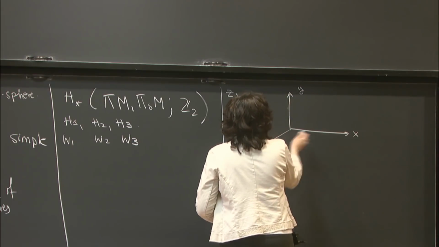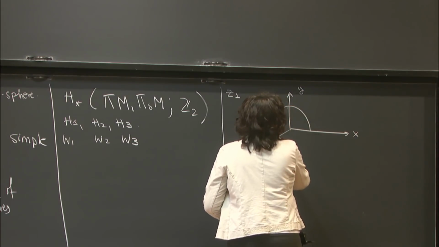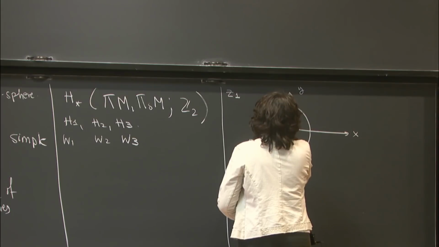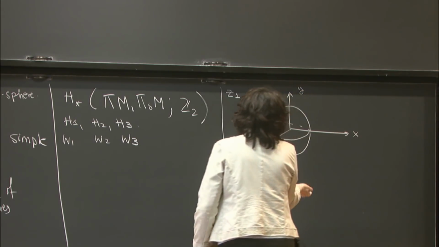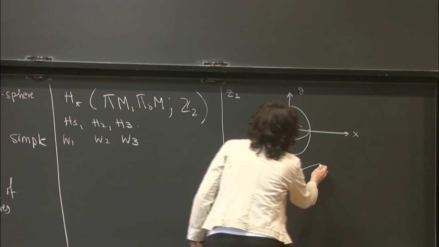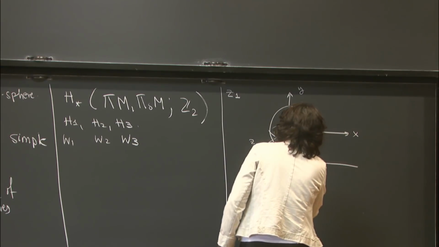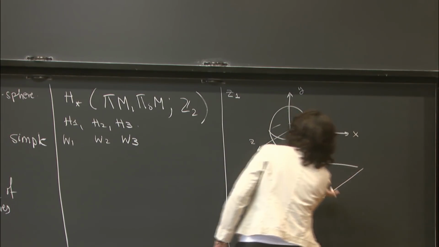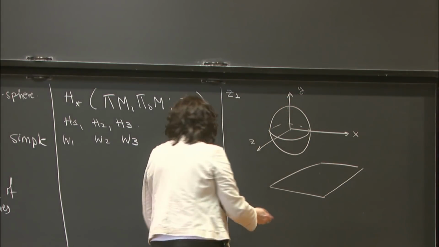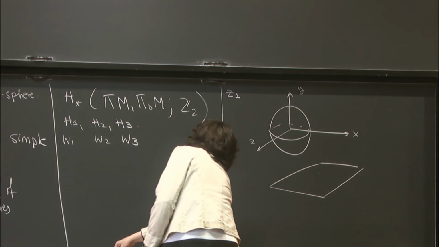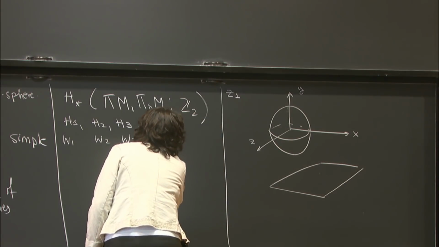So this is a round sphere. I'm going to take all the planes that are parallel to the XZ plane, move them, and cut the sphere. It's going to create a slicing of the sphere, so I'm going to have those curves here.